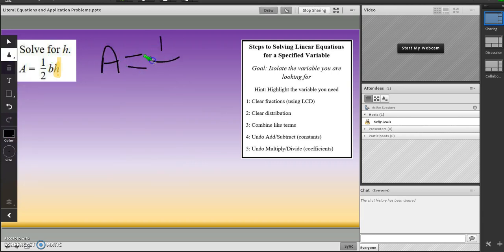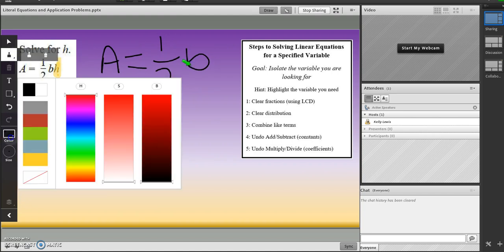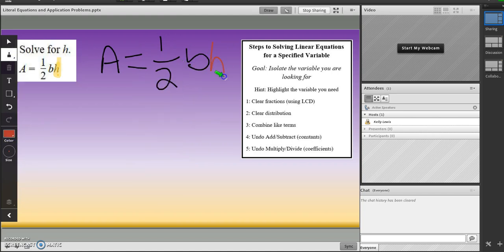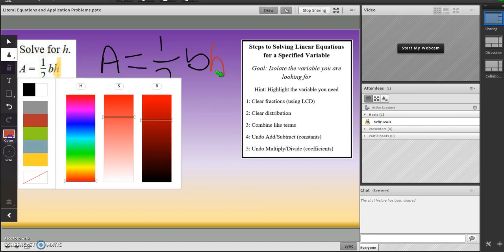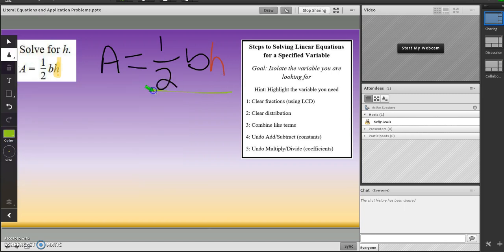A equals 1/2 B H. And H is the one we don't want to touch. All right, the B is being multiplied, so I'm going to divide by the B. So now I have left over 1/2 H equals A over B.